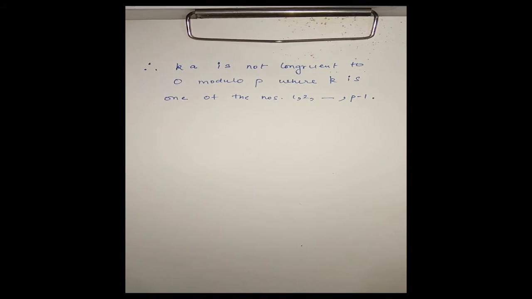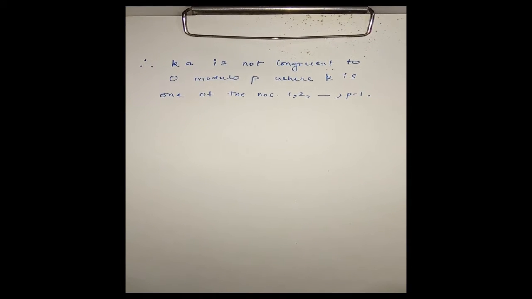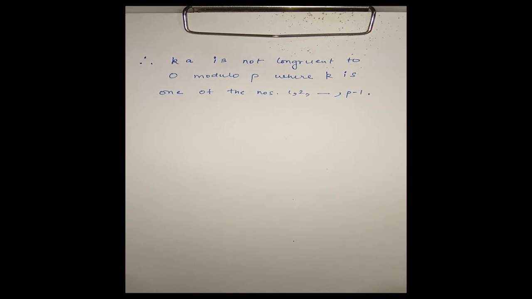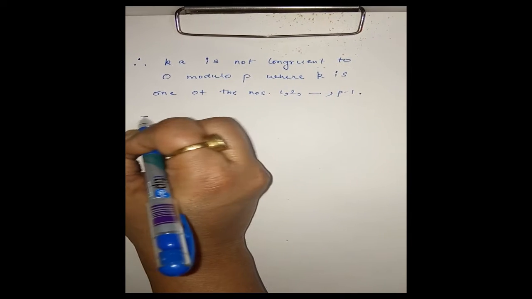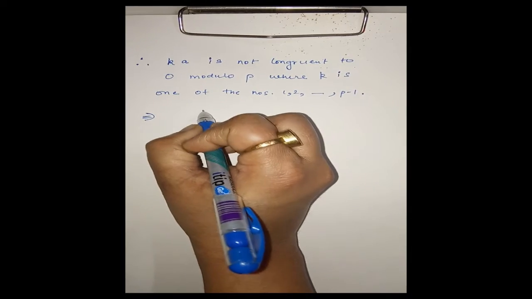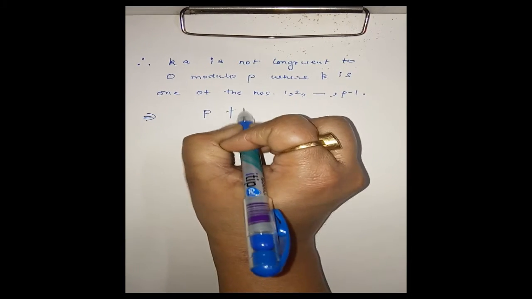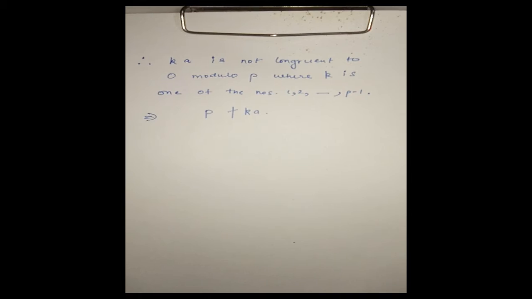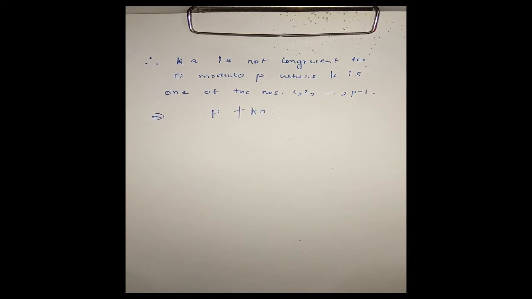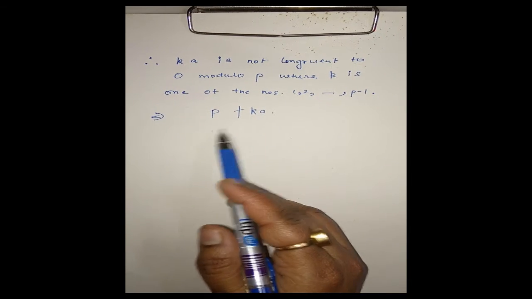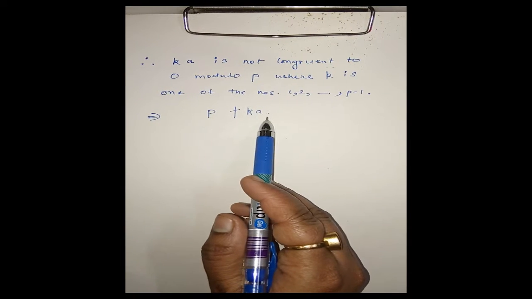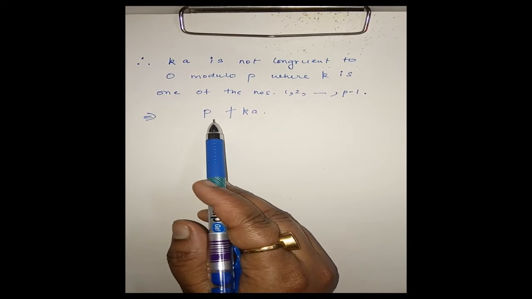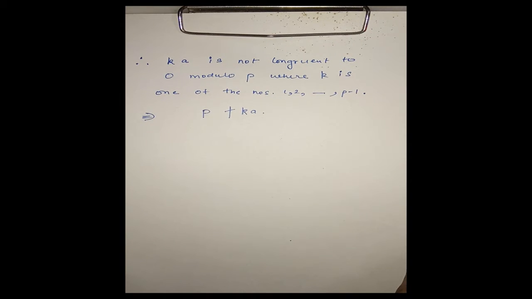Clear? Therefore, claim 1 is proved. Now this will imply P does not divide Ka. If Ka is not congruent to 0 modulo P, that means P does not divide Ka. That means when these numbers Ka are divided by P, we will get some remainder.